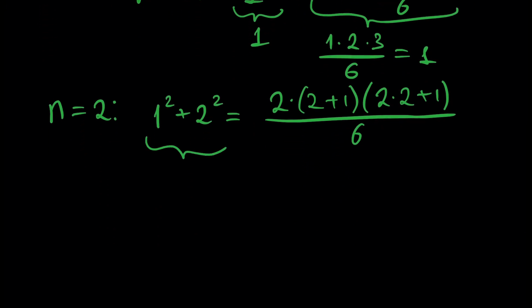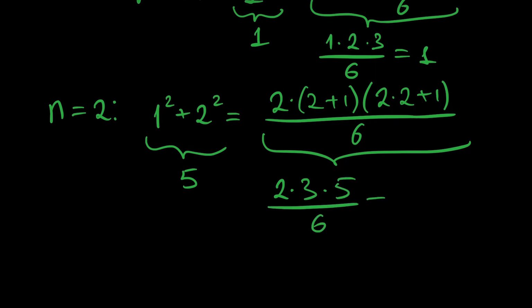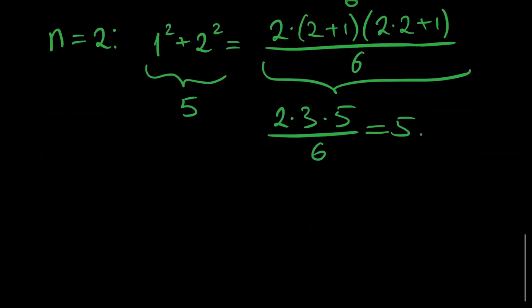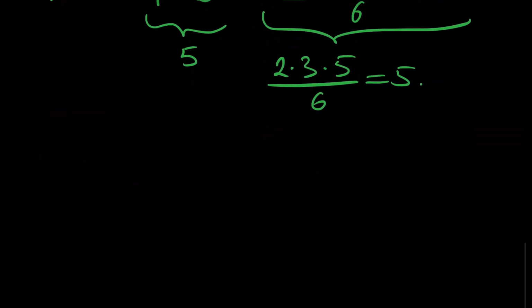The left part will be 1 plus 4, which is 5. And the right part will be 2 times 3 times 5 divided by 6, which is 5. So the base of induction is correct, and we see that for n equal to 1 and 2, the result is correct.